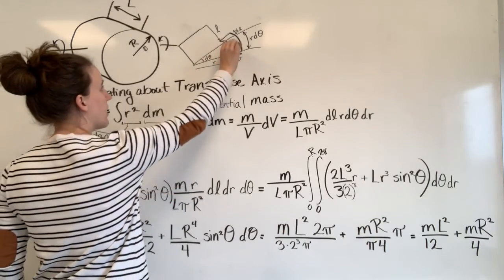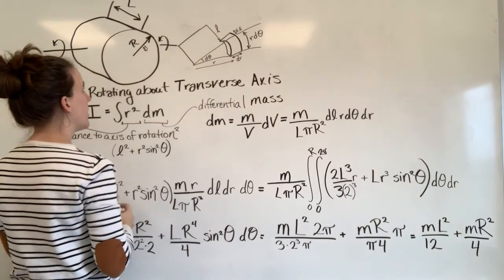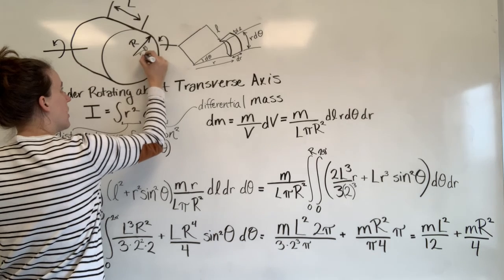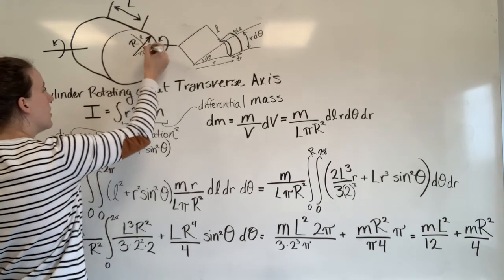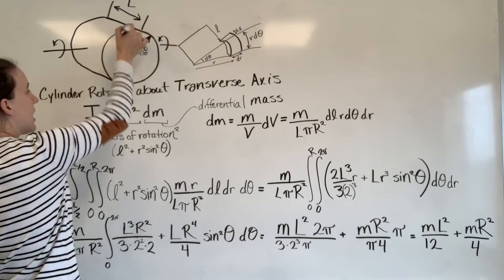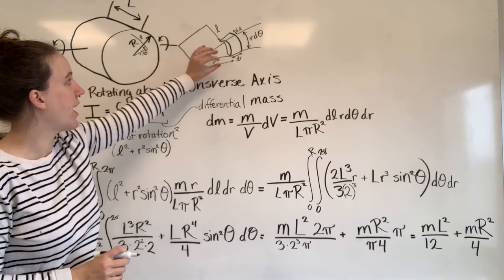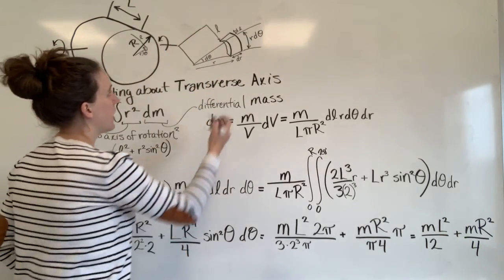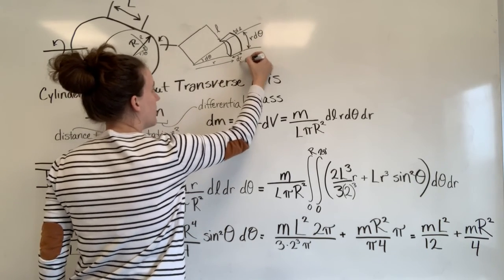If we draw it, a little bit bigger, it's going to have some radius r, maybe our lowercase r, and some angle theta, and some distance L from this axis. And if we imagine this in a really, really small differential case, it's almost a little rectangular prism with side lengths dl, r d theta, and dr.